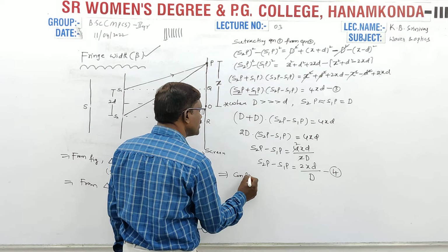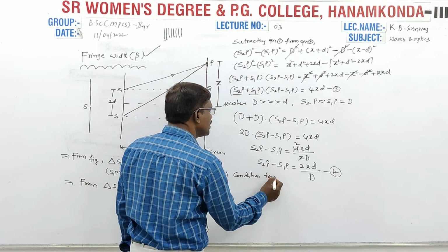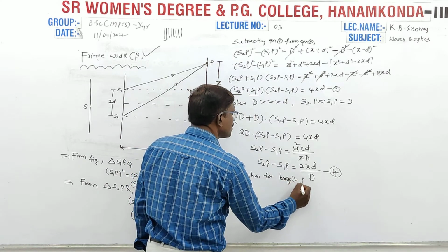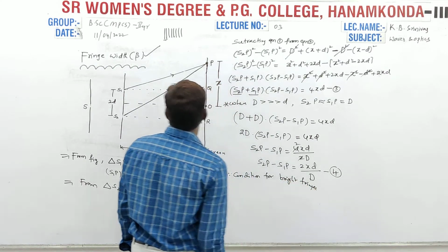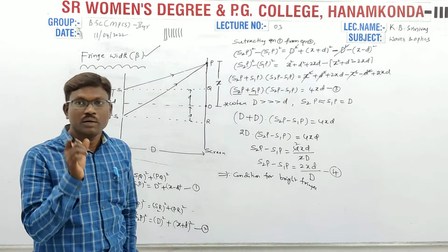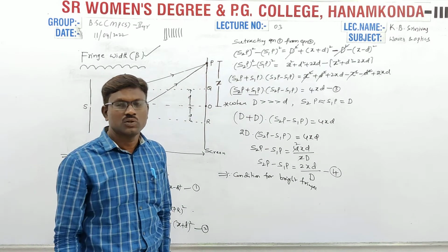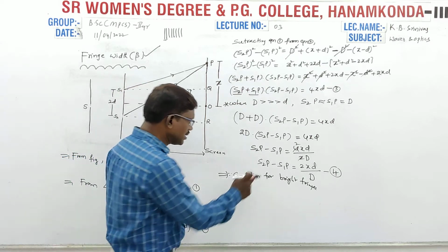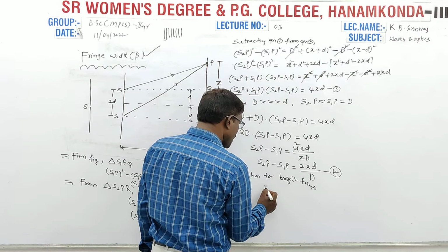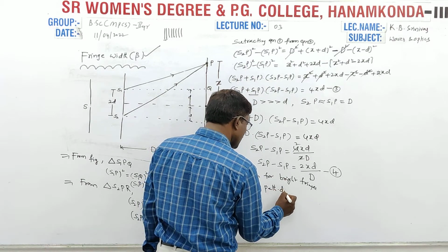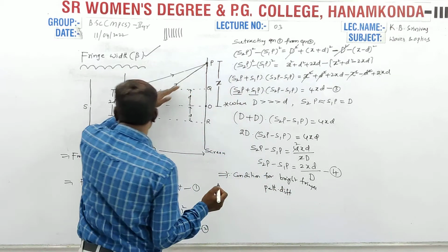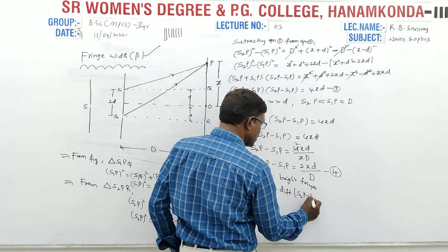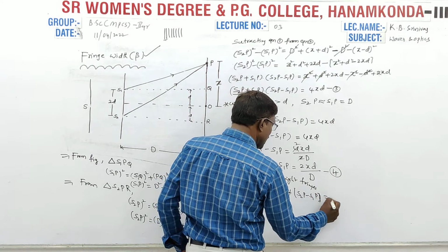Condition for bright fringes, I have just explained. When the path difference between the two waves is equal to n lambda, we get bright fringes. So the path difference between the two waves, that is S2P − S1P, is equal to n lambda.